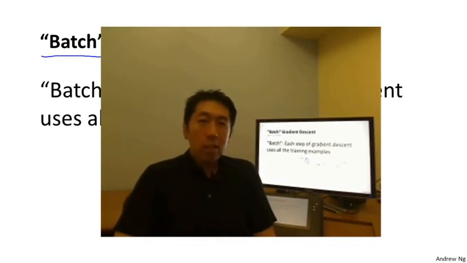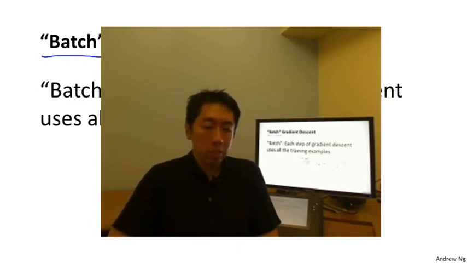If you've seen advanced linear algebra before, so some of you may have taken a class in advanced linear algebra, you might know that there exists a solution for numerically solving for the minimum of the cost function J without needing to use an iterative algorithm like gradient descent. Later in this course, we'll talk about that method as well, that just solves for the minimum of the cost function J without needing these multiple steps of gradient descent.